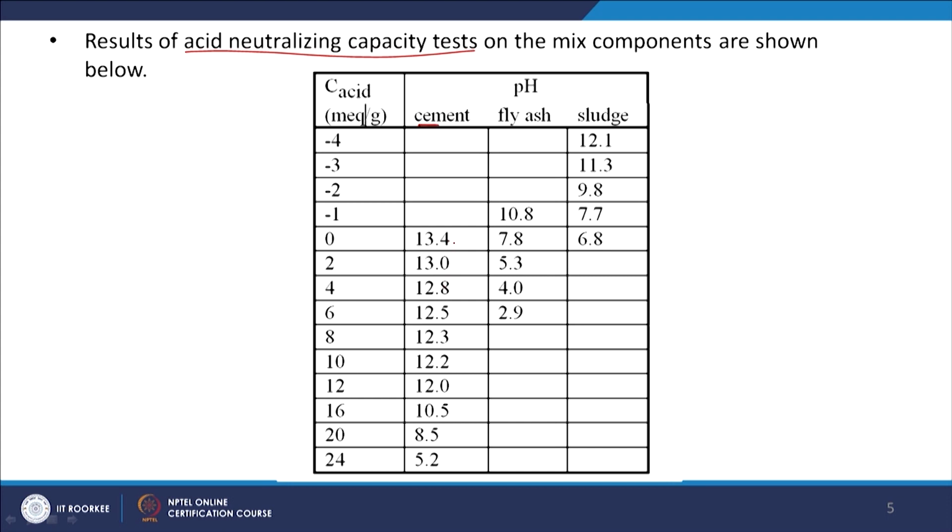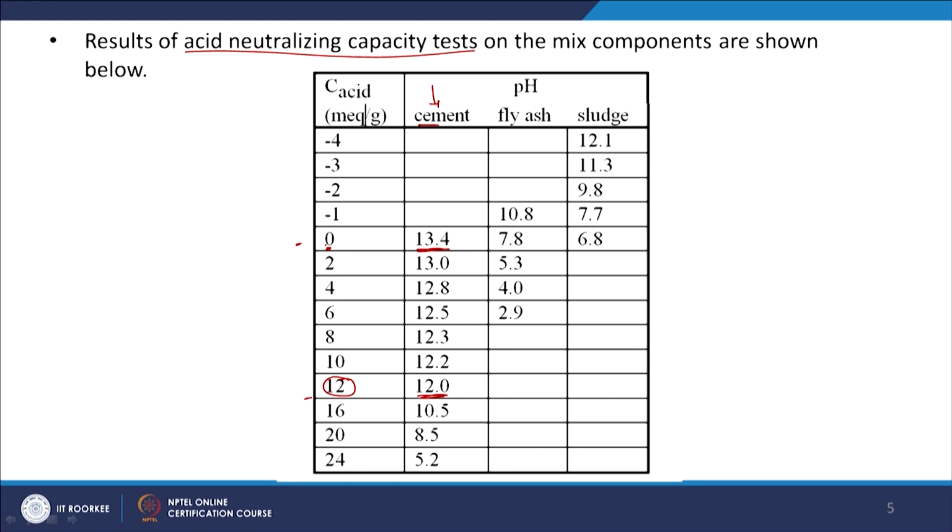So at 13.4, obviously, no acid neutralizing capacity. But what does this mean? 0 out here, and I will go with 12 out here. So pH is 12 in the column relevant to cement, and 13.4 out here. So 0 out here.